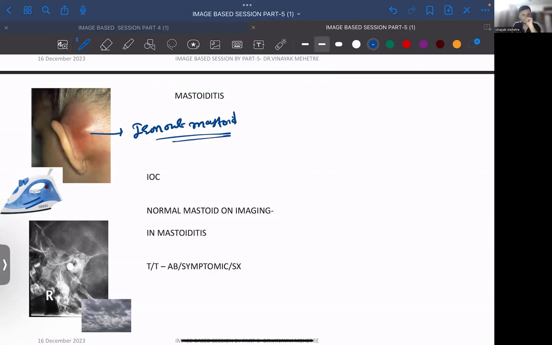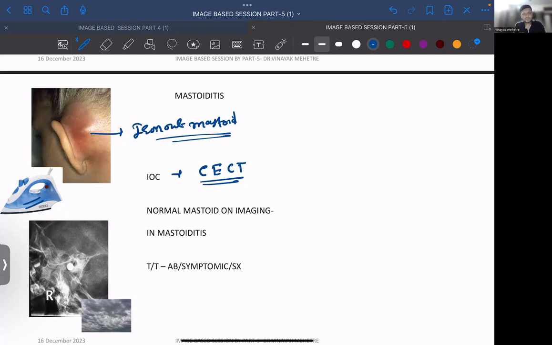Investigation of choice, anyone? It is not CT, it is CECT, contrast enhanced CT. CT means NCCT. Okay, it is CECT.